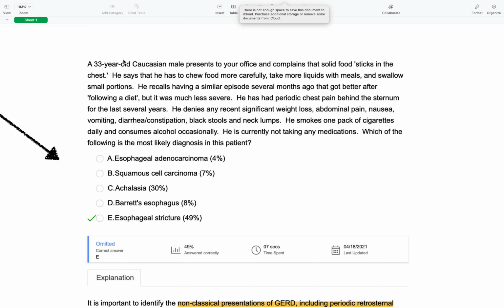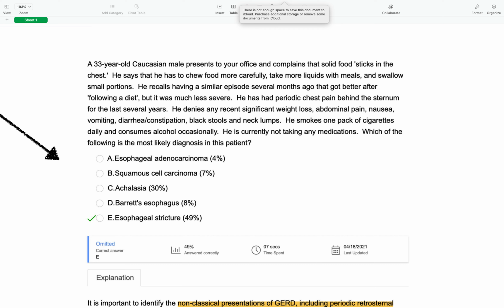But this patient says that he recalls having similar episodes, okay, months ago that got better after following a diet. But it was much less severe. Now it has progressed, okay? So he has had this periodic chest pain behind the sternum for the last several years.